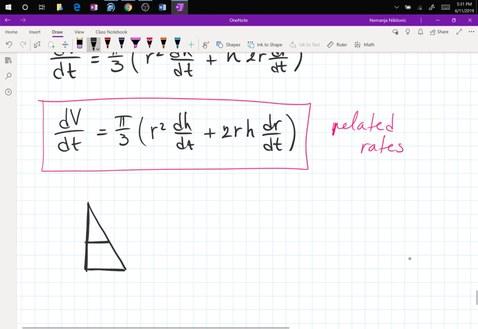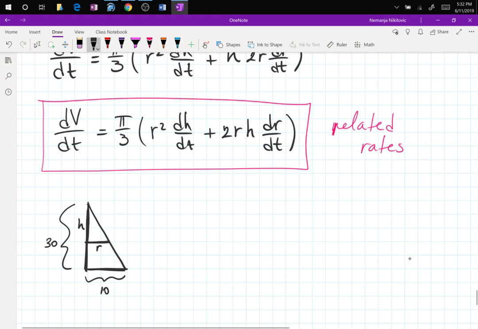So this is your height, and this is your radius. If this is the height that is changing, and that's the radius that is changing, and then you have the full radius when you measure this, I don't know, let's say 10, and this one was 30, whatever.